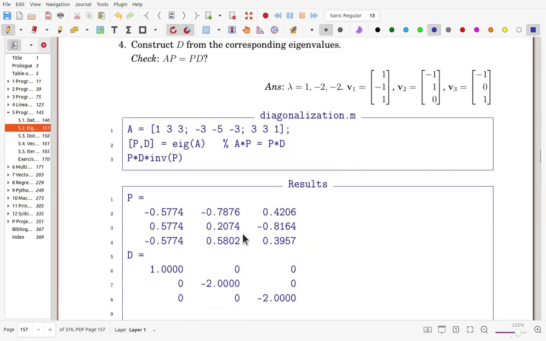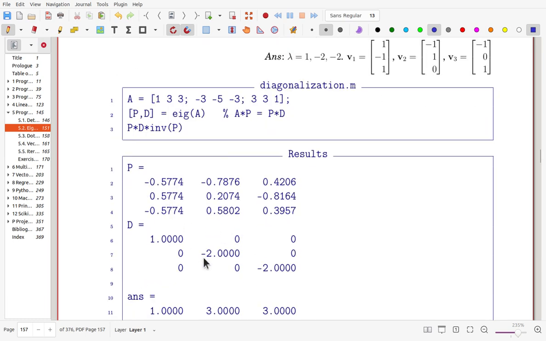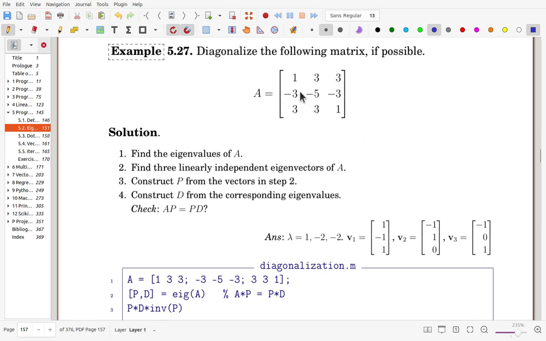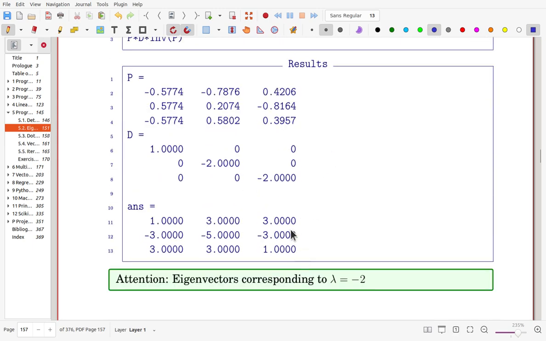So we print out P and D, and we check here that P D P inverse is the given matrix. So it is the same, 1, minus 3, minus 3, okay, 3, minus 5, 3, okay, it's the same, 3, minus 3, 1 for the last column, okay, it's the same.